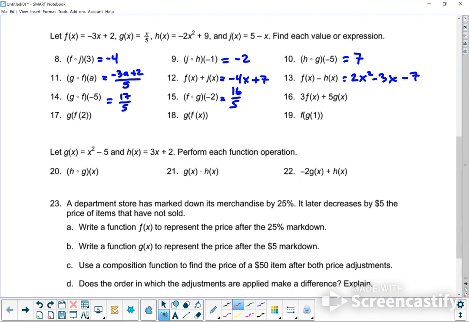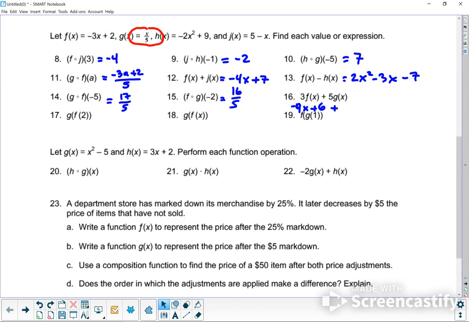Okay, 3 times f of x. So here's f of x. I'm going to multiply everything by 3. I'm going to write it down below this so I can keep track. So it'd be negative 9x, plus 3 times 2 is 6. And then I'm going to add that to 5 times g of x. So here's g of x, and times it by 5.